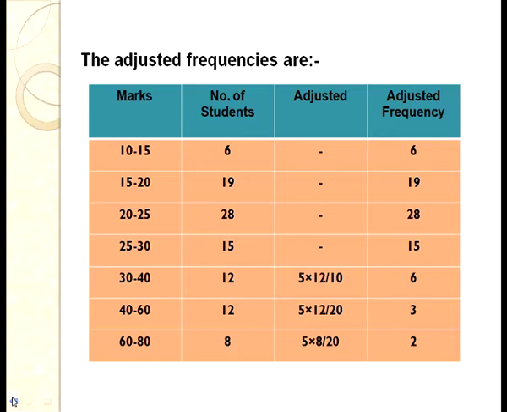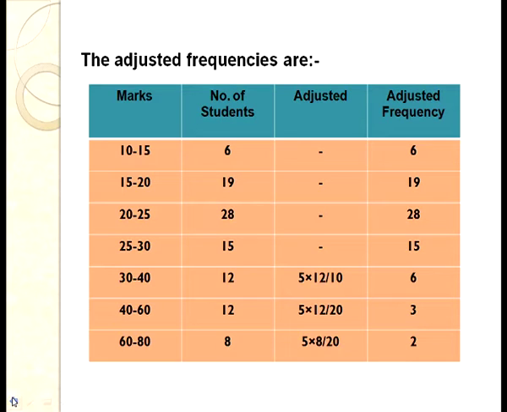How are we adjusting? Minimum class interval gap, 5, multiplied by the frequency of the class interval, divided by the class interval gap. So, class interval gap is 10. So, 5 multiplied by 12 divided by 10 gives me the adjusted frequency as 6.